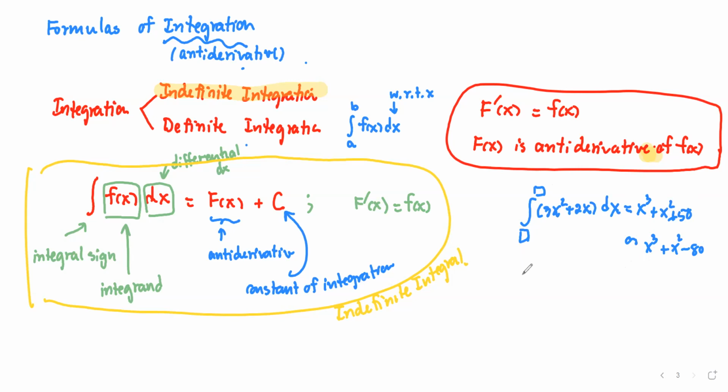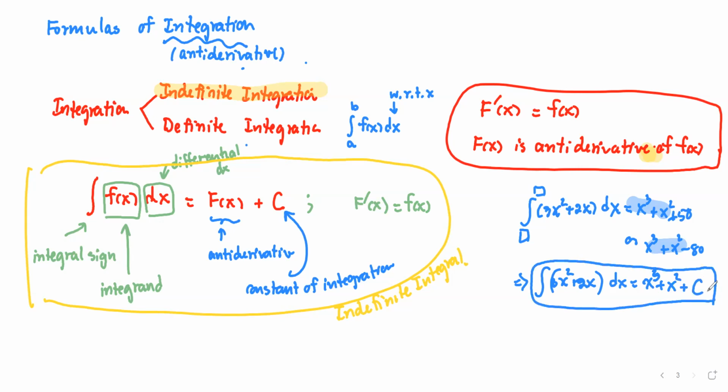But to write it in general form, we can say that the integral of 3x squared plus 2x with respect to x equals, see, the common part of both f and g would be the variable terms, x to the third plus x squared plus the constant of integration c.